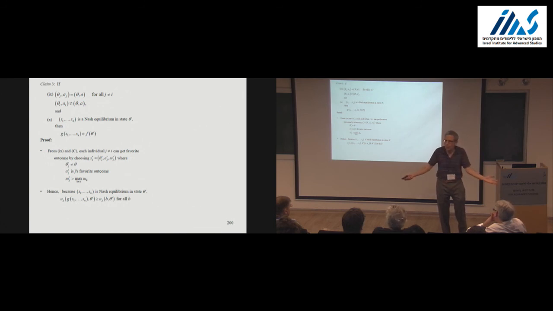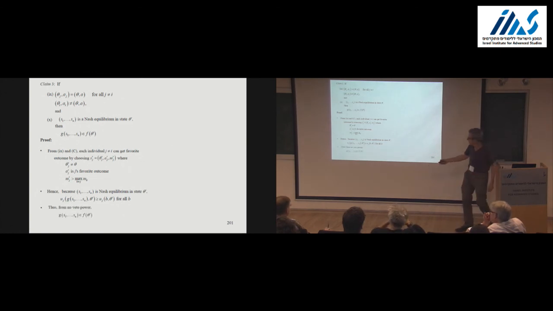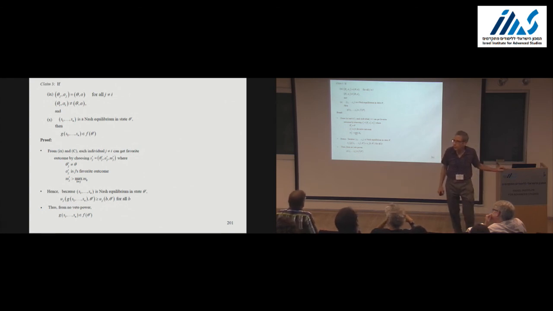No veto power then says, well, if n minus 1 players are getting their favorite alternative, that alternative must be optimal for the true state theta prime. And that covers this case where there's one odd man out.